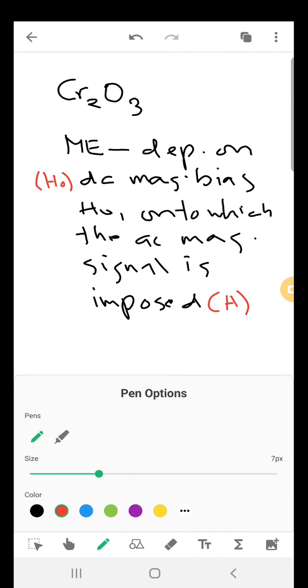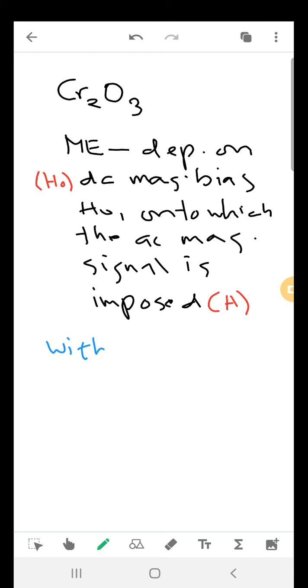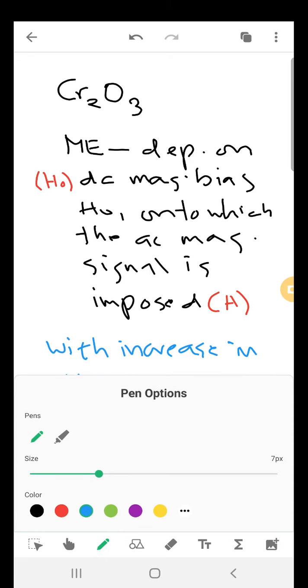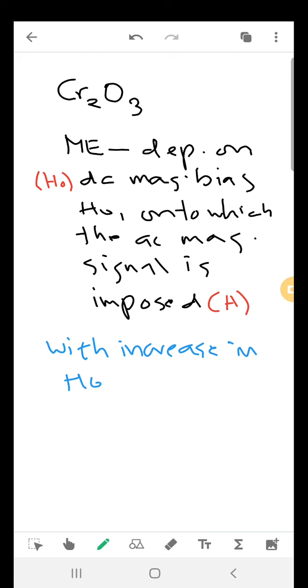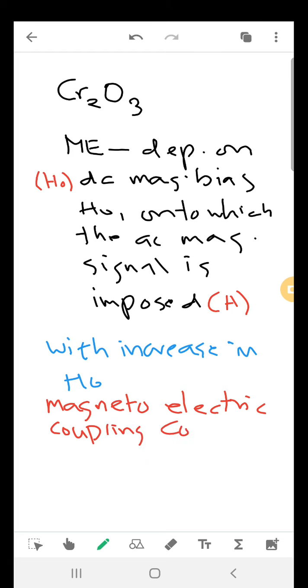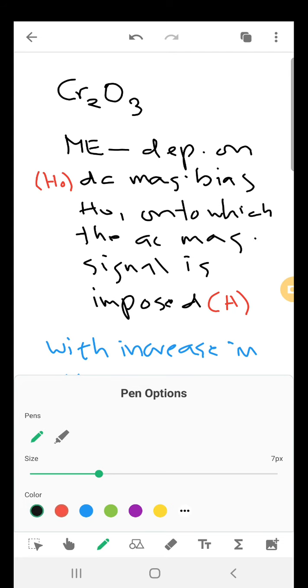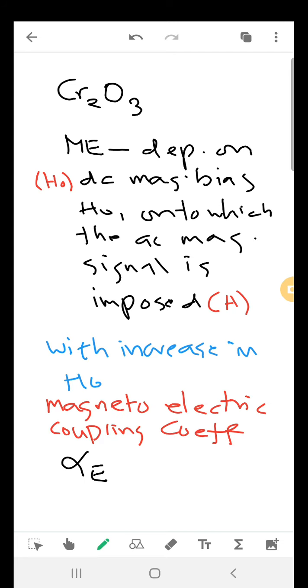Now, with an increase in the DC bias H0, you get a magnetoelectric coupling coefficient, alpha E, which is equal to dE by dH at constant H0.